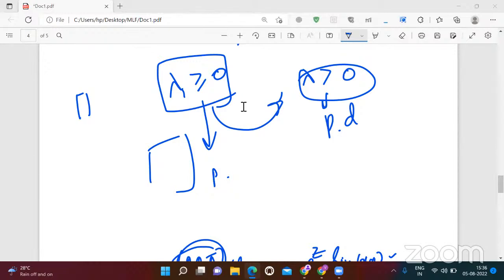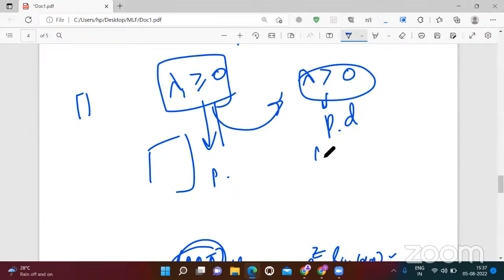When I referred to a few materials, the only condition they gave was that lambda should be greater than or equal to 0 for semi-definite, and for definite that lambda should be greater than 0. Okay, then the given answer is correct.